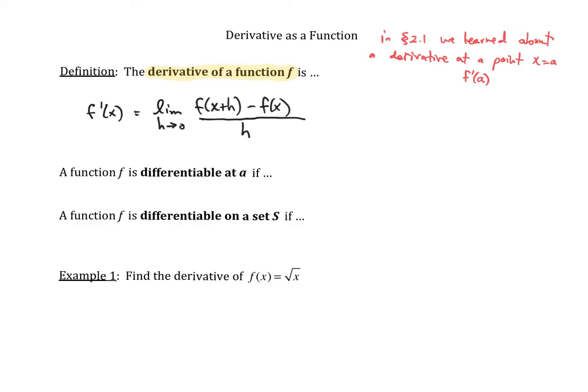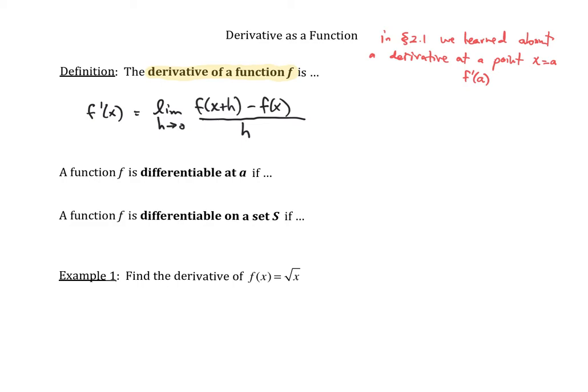So what you'll notice is that this is basically the same as the second definition of our derivative at a point. The difference being, instead of using a, we just replace the a with x's. So this is why I told you that the second definition was more desirable than the first definition.